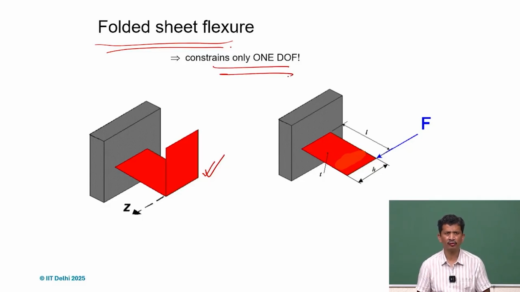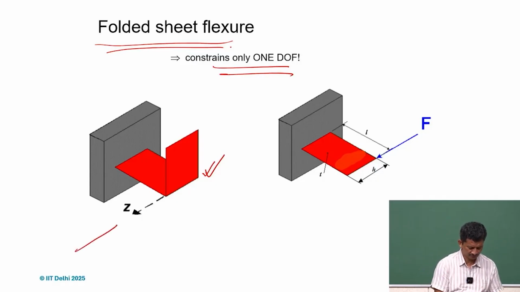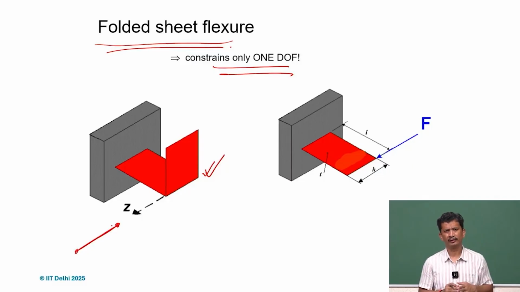It constrains only one degree of freedom. So again, it's equivalent to a wire flexure along this line, along the fold line. So if we have a configuration with the wire flexure, we can always replace that wire flexure with the folded sheet flexure in this way.